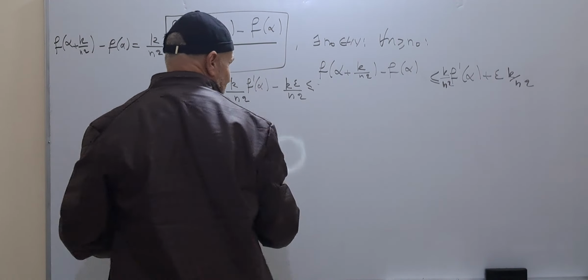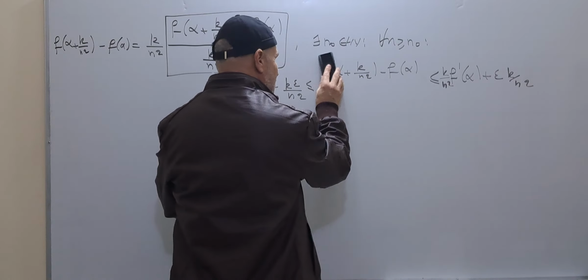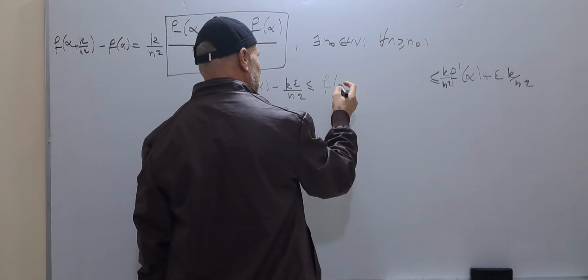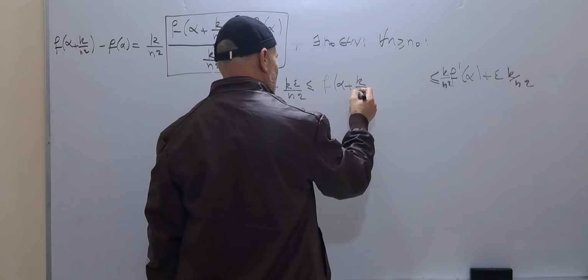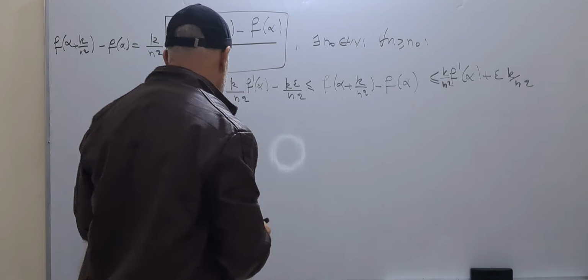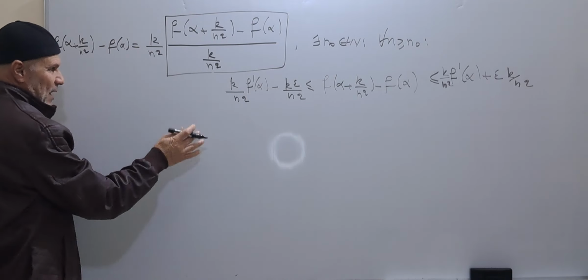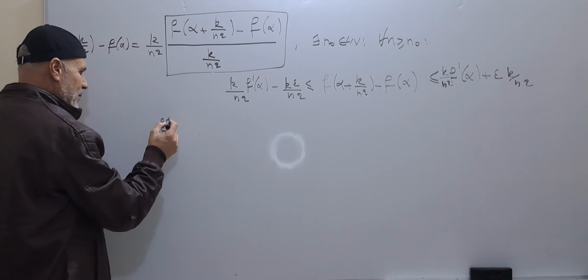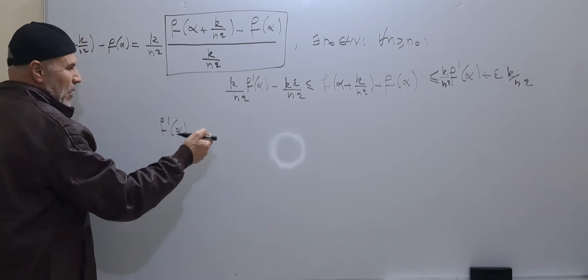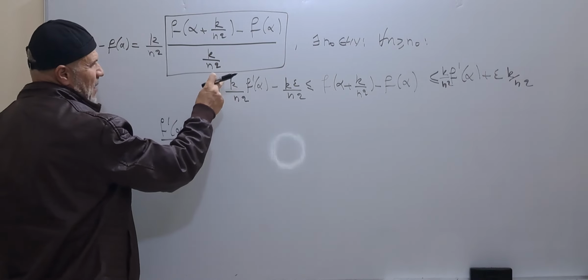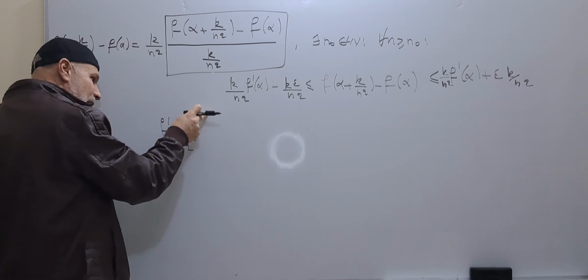If we take the sum, this is here f of alpha plus k over n squared minus f of alpha. If we take the sum, from this side we get f prime of alpha over n squared, and we sum k from 1 to n.